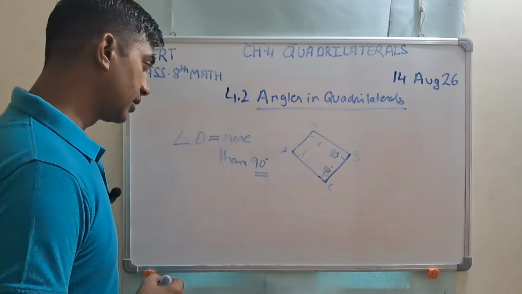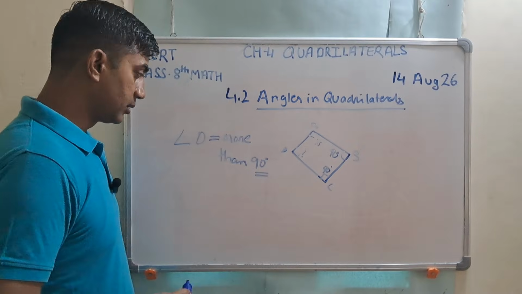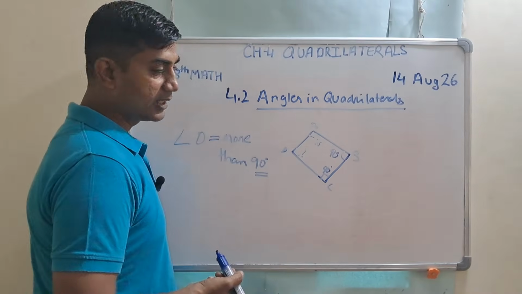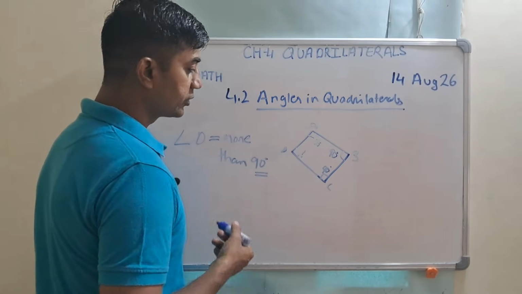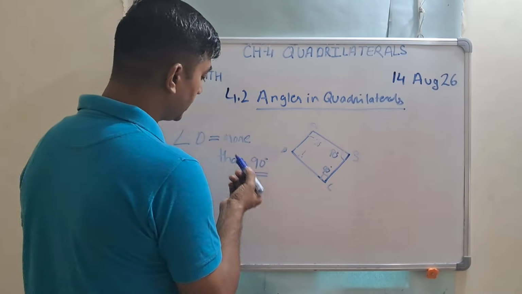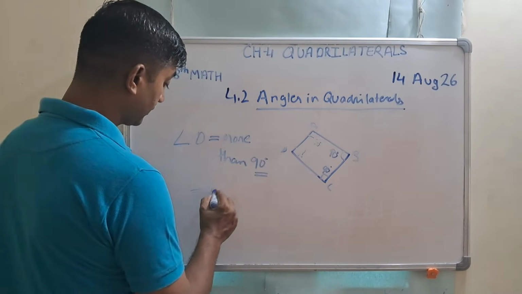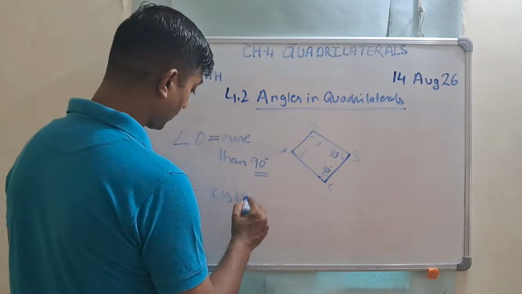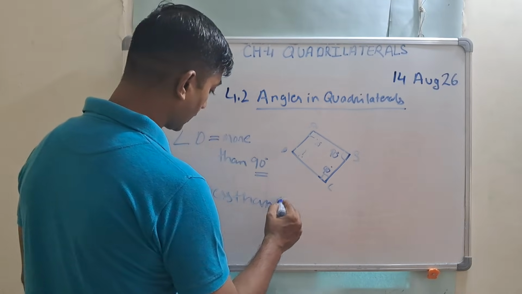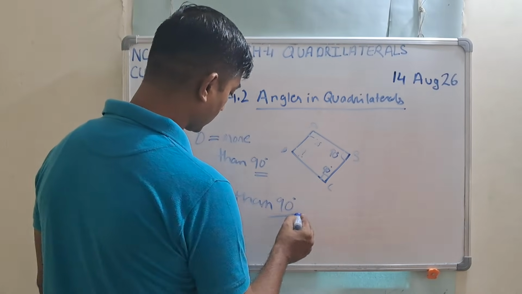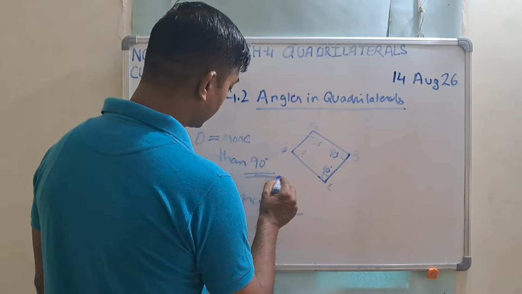This is a question which you have to imagine. Can this angle be more than 90 degree, or can this angle be less than 90 degree? What is the result?